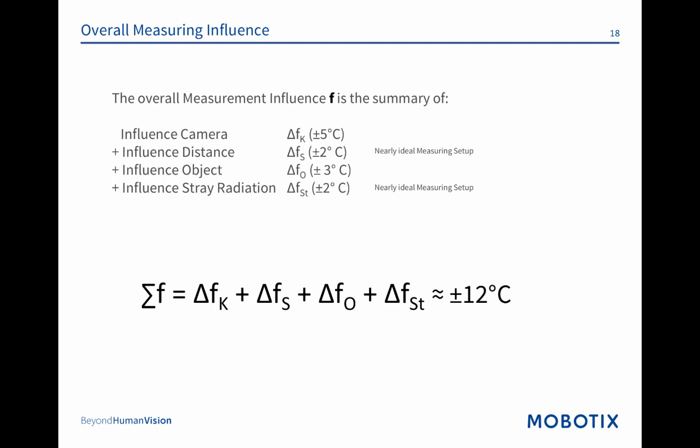And if you now put everything together, if we are talking about the overall measurement, everything together is our summary. If we put everything together, you can say roundabout plus minus 10 or 12 degrees is actually the accuracy.